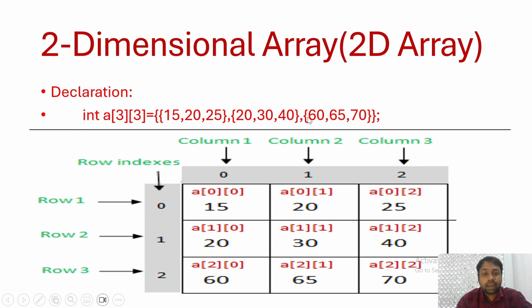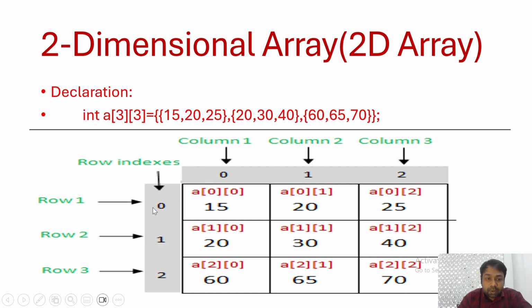Now the question is how they are getting stored. Look at the 15. As per the row, it is the 0th row, and as per the column, it is the 0th column. Our mathematical matrix starts from 1, 1, the first row, first column, but here we start from the 0th row, 0th column.